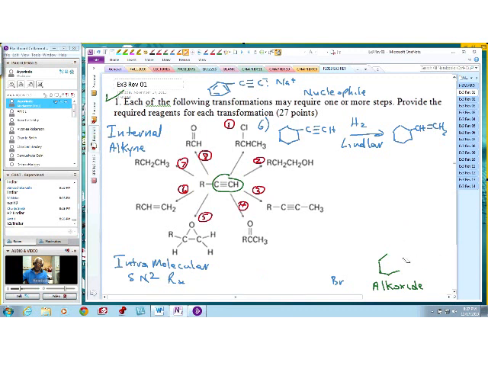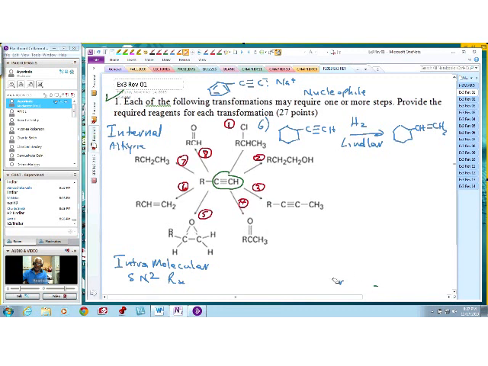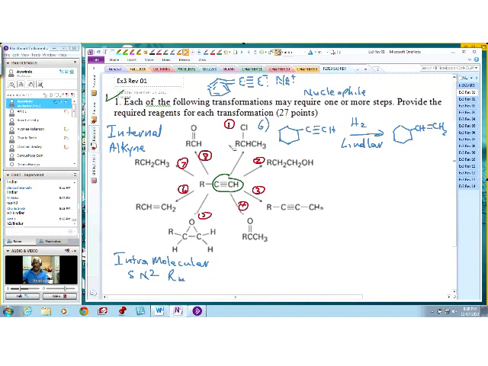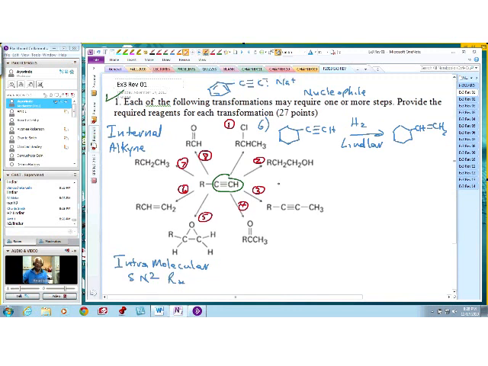Hopefully this will be a very good review for you, because this particular problem gives you a chance to review a variety of reagents. For 7, they want us to go from an alkyne, carbon-carbon triple bond, to an alkane. We could simply use this here for the R group.